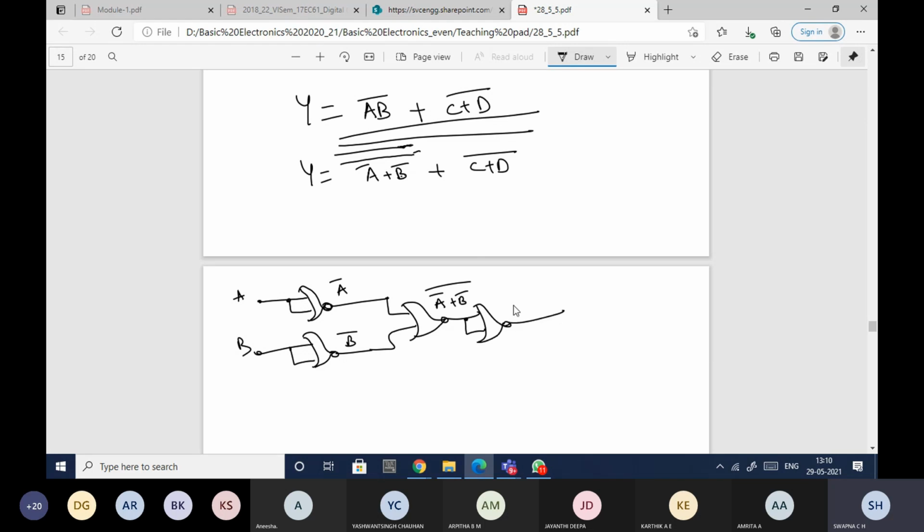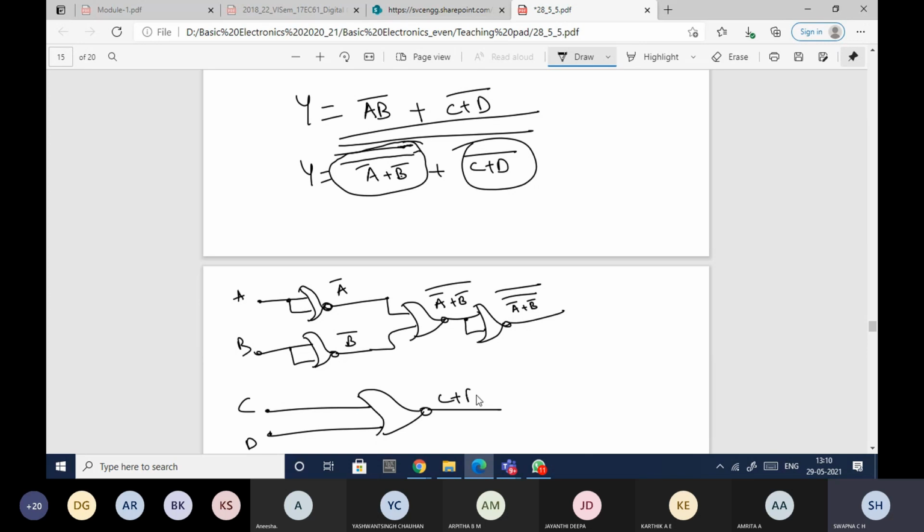So I'll get A bar plus B bar whole bar whole bar. Now in the same way I need to get C plus D whole bar. This much is implemented now. Now I need to get C plus D whole bar. So C, D, C plus D, C plus D whole bar.